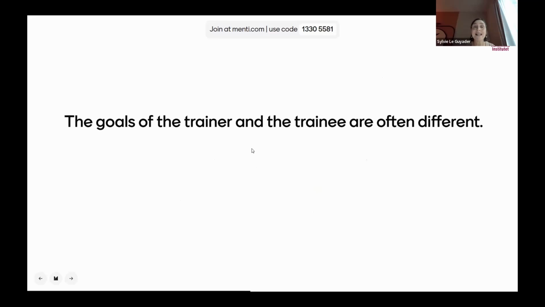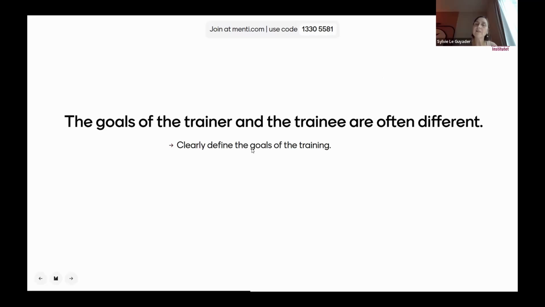Now I move on. Super for these very quick answers. And as you can see, even according to ourselves, who train people on microscopy, the goal of the trainer and the trainee are different. And that creates a lot of misunderstanding. So I think it is very important that we clarify for ourselves, to start with, the goals that we have for the training.